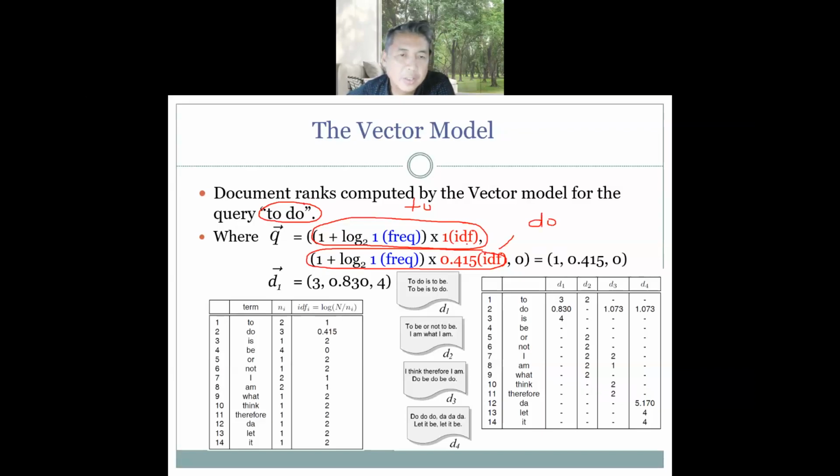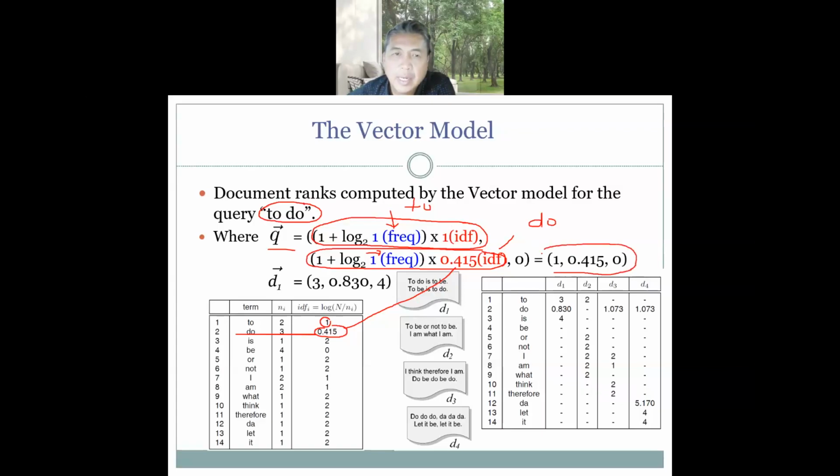The IDF we get from the previous calculation. So for "to" it is 1, and for "do" it is 4.415. This is the frequency of "to" in Q, which is one time. This is the frequency of "do" in the Q, one time. If we complete this calculation, we have this.